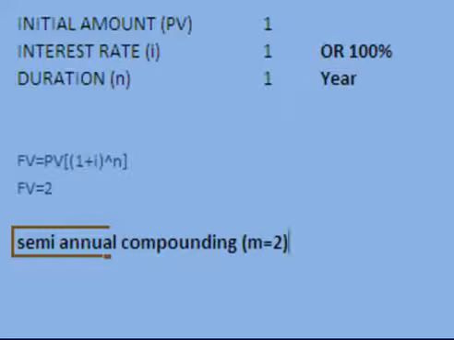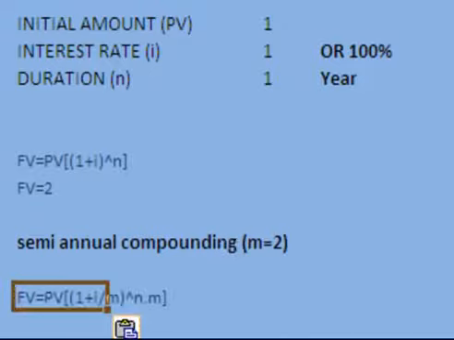Because in semi-annual compounding the interest is compounded after every 6 months, which means that in 1 year the interest would be compounded twice. So in that case the future value would be equal to present value multiplied by 1 plus interest rate divided by m, raised to the power duration multiplied by m.